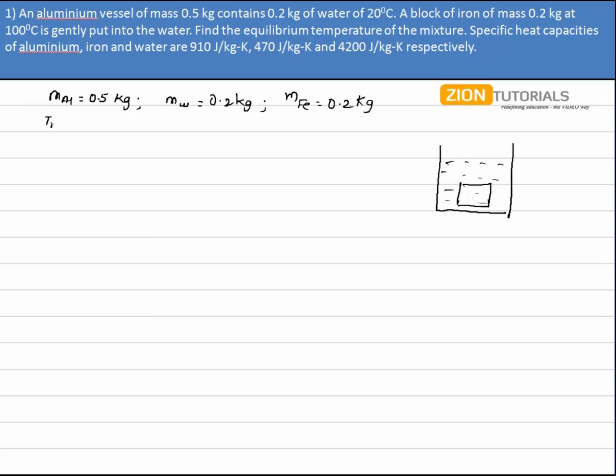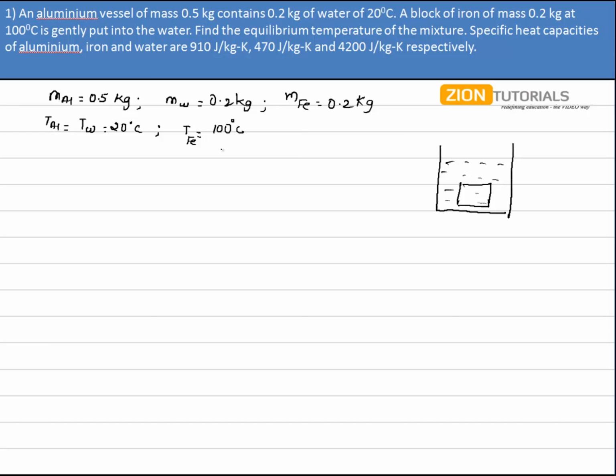The initial temperature of aluminium and the initial temperature of water are the same, that is 20 degrees Celsius, and the initial temperature of iron is 100 degrees Celsius.